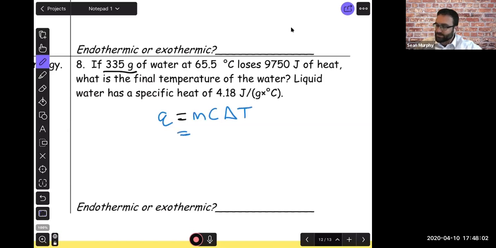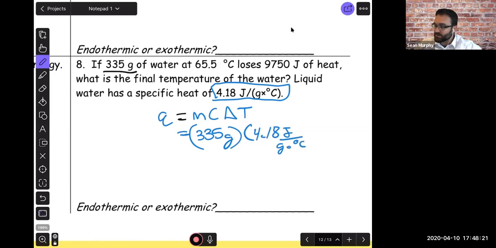Mass is going to be 335 grams. The specific heat of this substance looks like it's water because it's 4.18 joules divided by grams times degrees Celsius. And, ooh, this one is a tricky one.